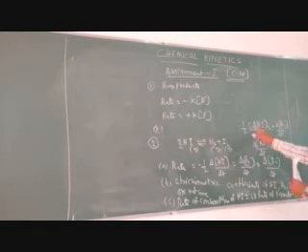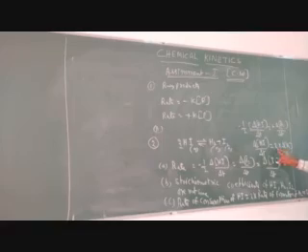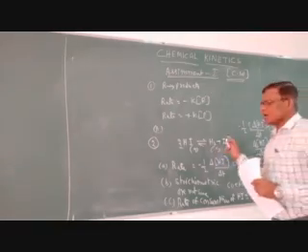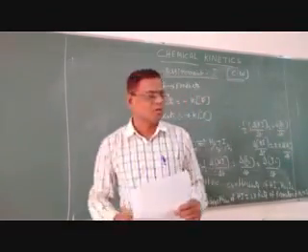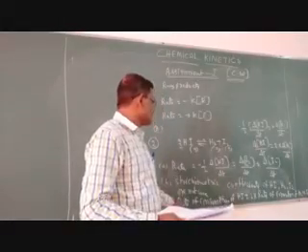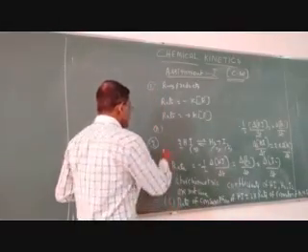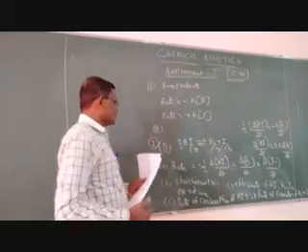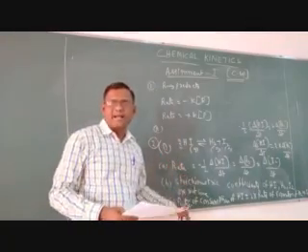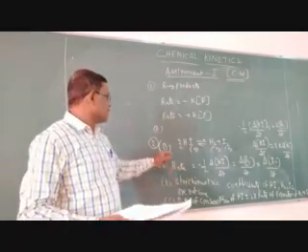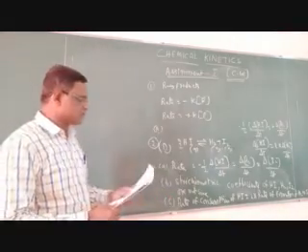That's why the consumption of HI is equal to 2 into the formation of H2 or I2. That statement is also correct. That's why in this question option D is correct: all the above are correct.